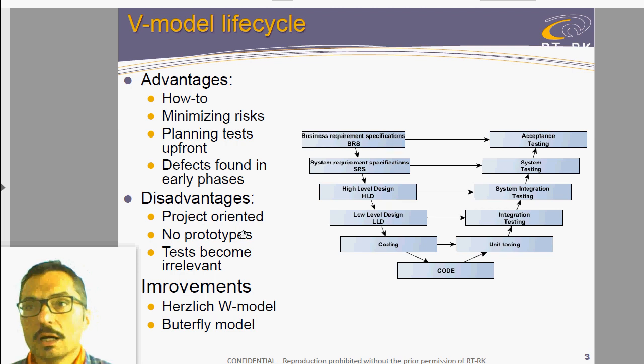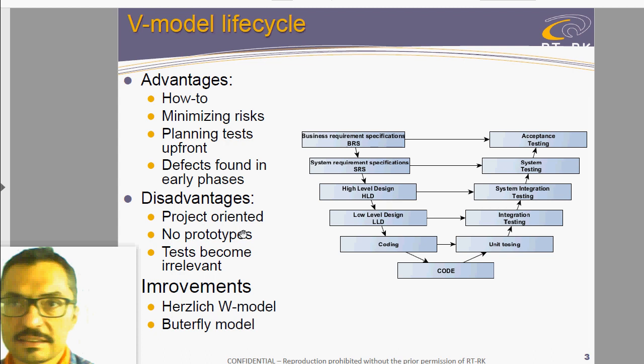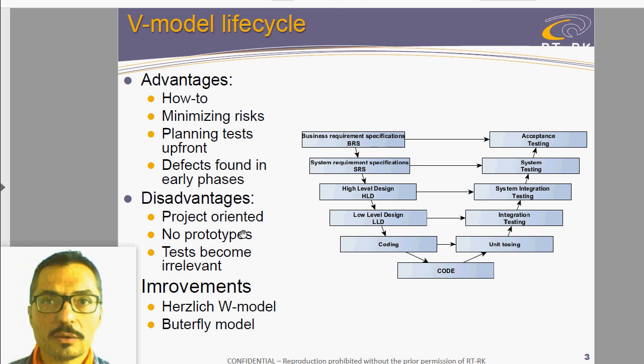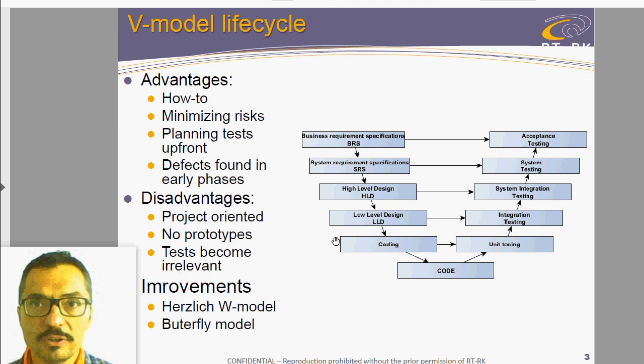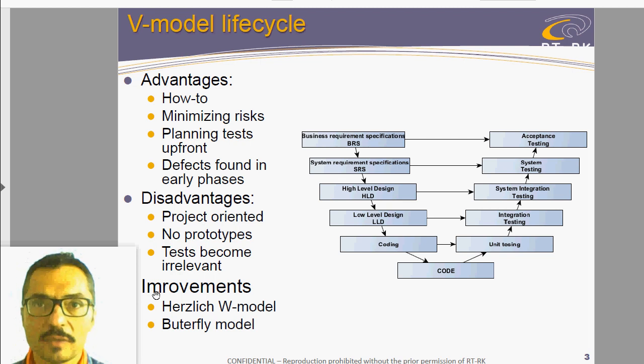There are improvements that go in the same direction, in a way that somehow aligns tests with the requirements, such as the W model, which has actually two V models where this alignment is placed in another V, so to say, legs.